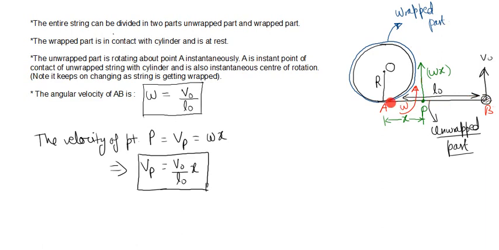All the particles of the unwrapped part are moving in circular paths, and the instantaneous center of their circle is at A. So the entire unwrapped string is doing fixed axis rotation about this instantaneous point of contact, which is A. This point of contact will keep on changing, so it will not remain A. The instantaneous center of rotation will keep on changing as the string starts wrapping up on this cylinder.